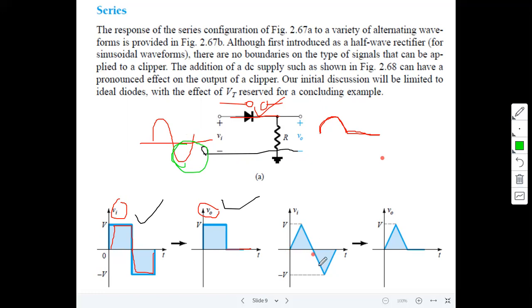Now it is something like a triangular waveform, and only the positive portion appears. It is the best example of a series clipper. Why is it a series clipper? Because a diode is placed in series with the input signal. So this is the series clipper circuit.